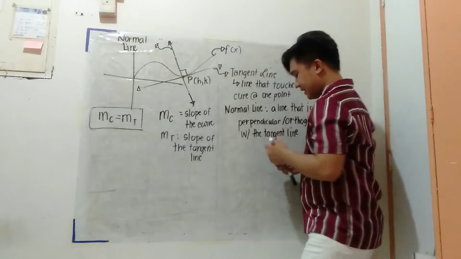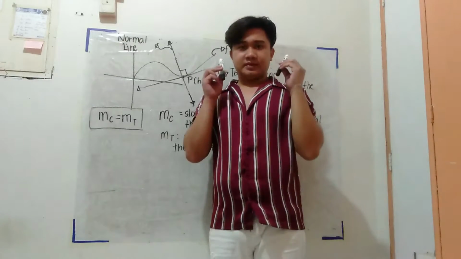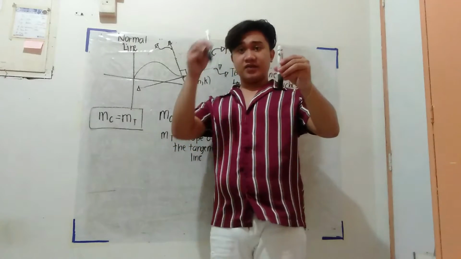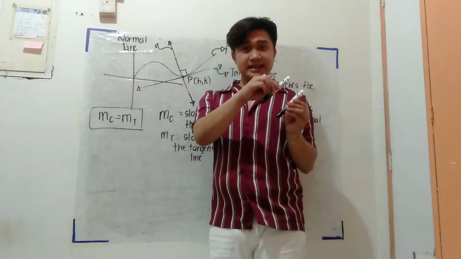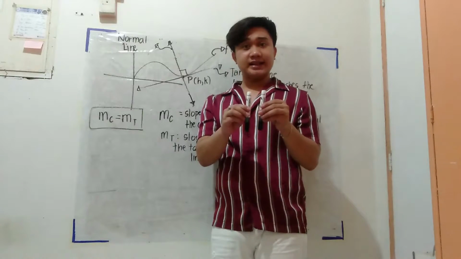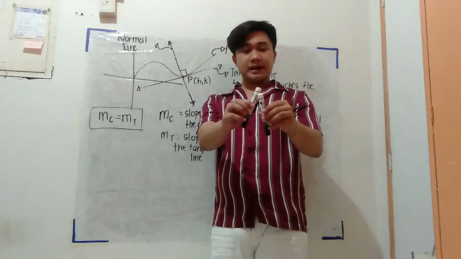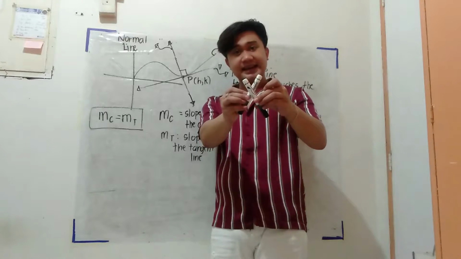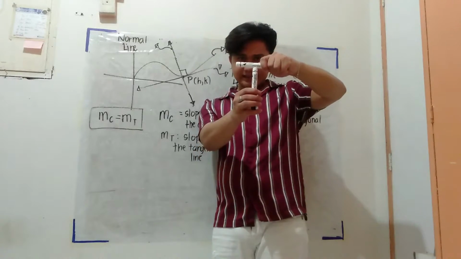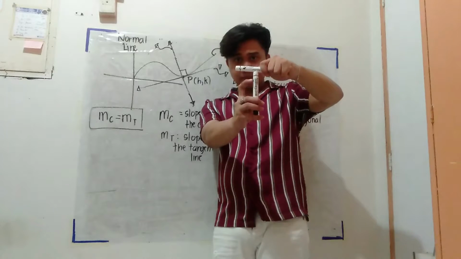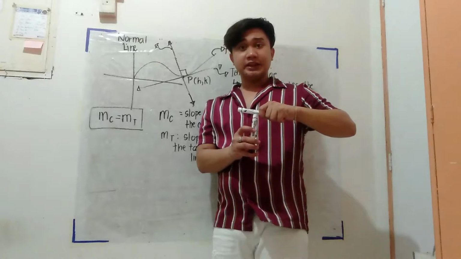Kailan ba natin masasabi na ang dalawang line ay perpendicular? Okay? I have here line 1 and I have here line 2. Kapag ganyan ang itsura ng inyong line, yan ay parallel lines. Okay? Kapag ganyan, may specific kang angle intersecting yung lines mo. Kapag nakabuo ka ng 90 degrees, yan yung tinatawag nating perpendicular lines.